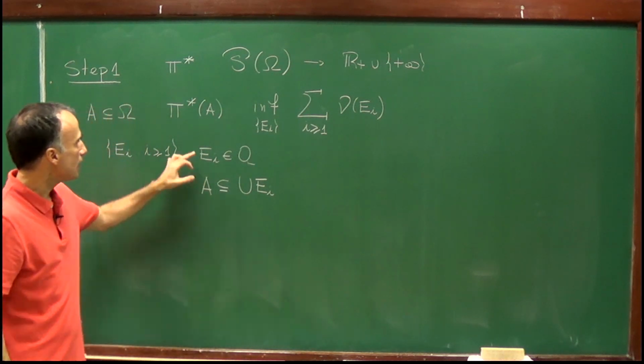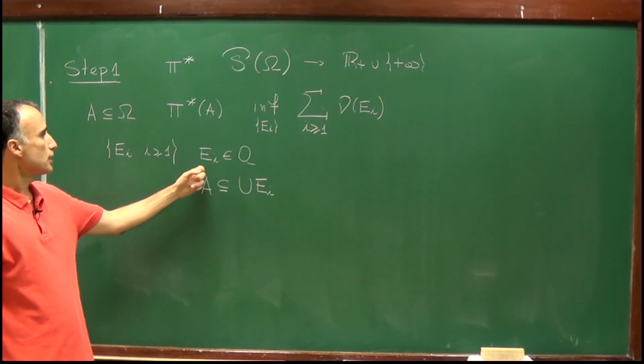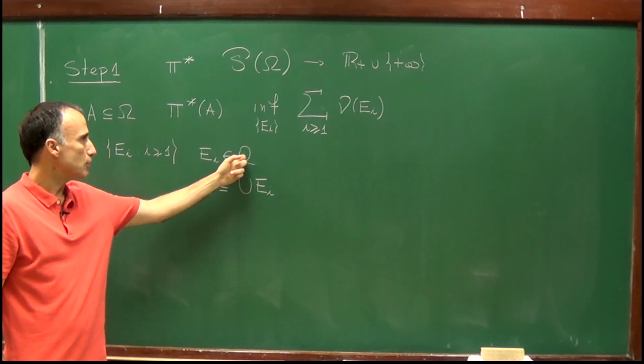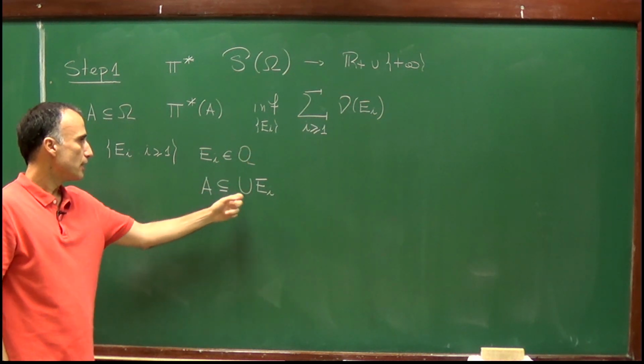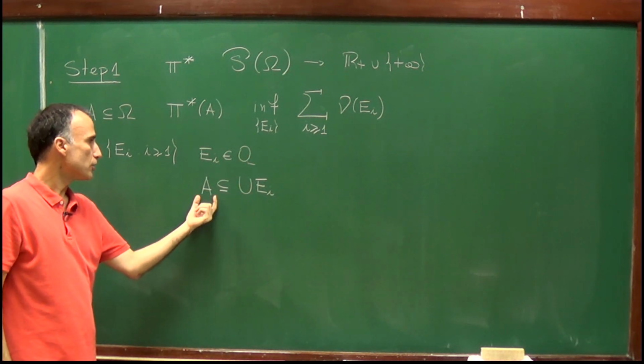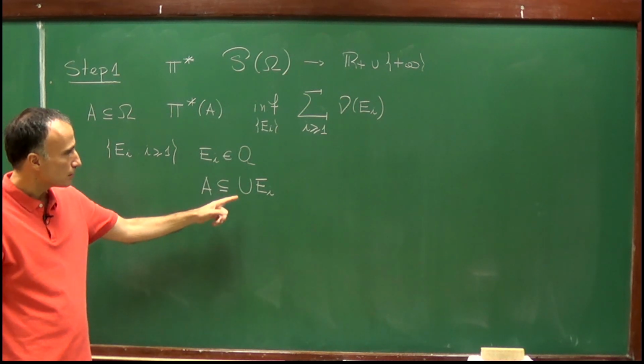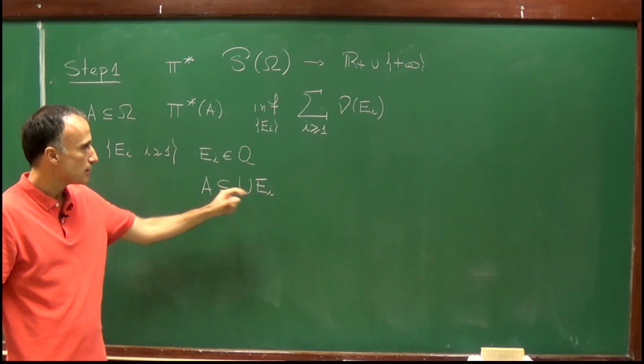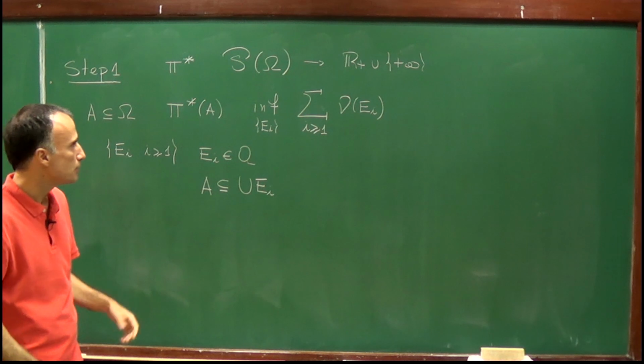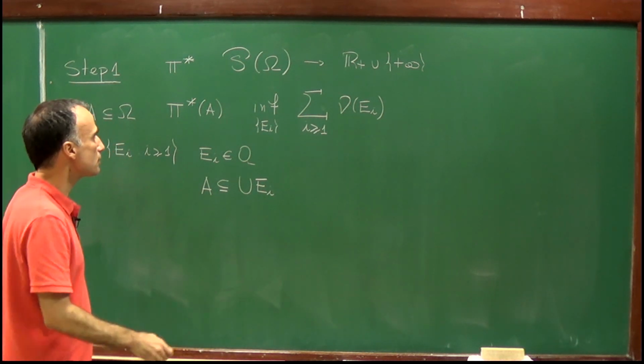So I'll say that E_i is a covering if each set E_i belongs to the algebra, and if the union of E_i contains A. Note here that I'm not requiring these sets E_i to be disjoint. They can have intersections.